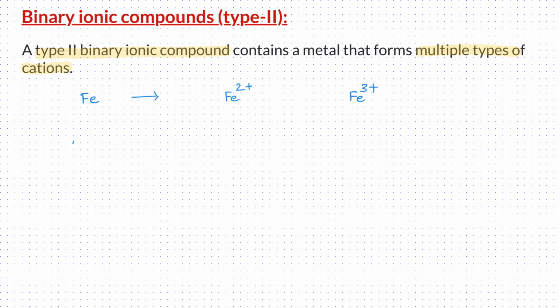Therefore, when it combines with Cl- ions, it can form two different types of ionic compounds, FeCl2 and FeCl3. Let us name these two compounds with the same rules as for the type 1 binary ionic compounds. FeCl2 will be named as iron chloride and FeCl3 will also be named as iron chloride.